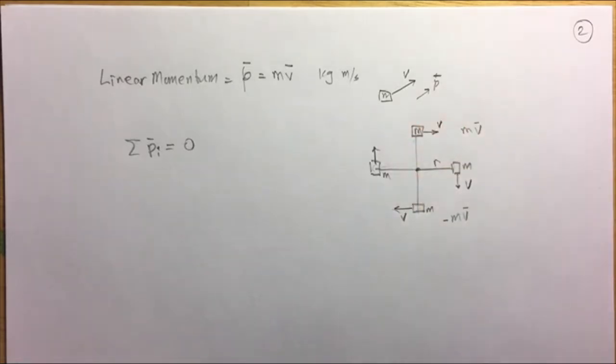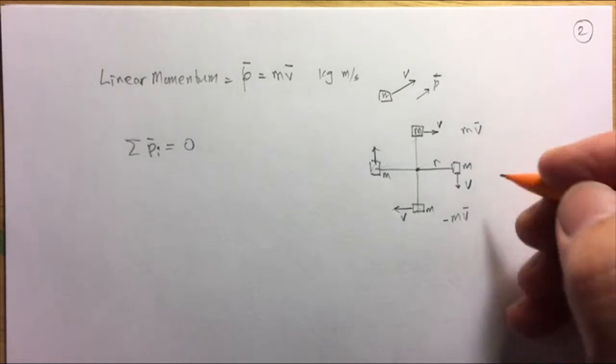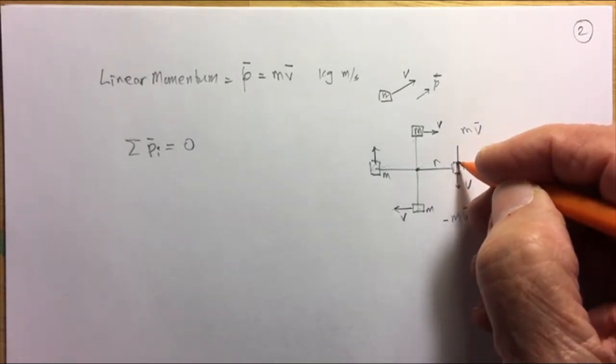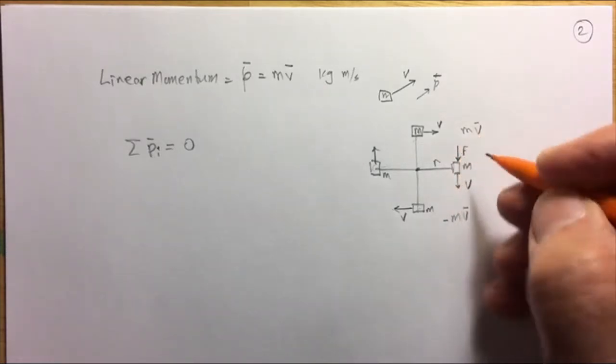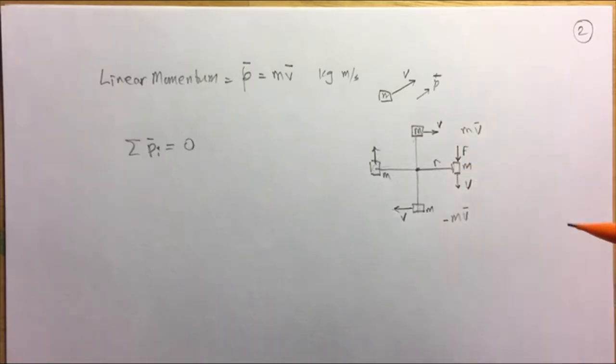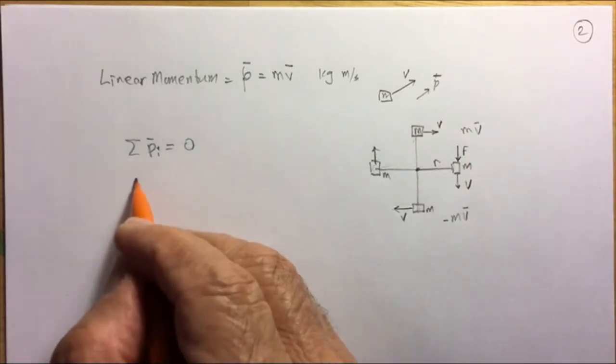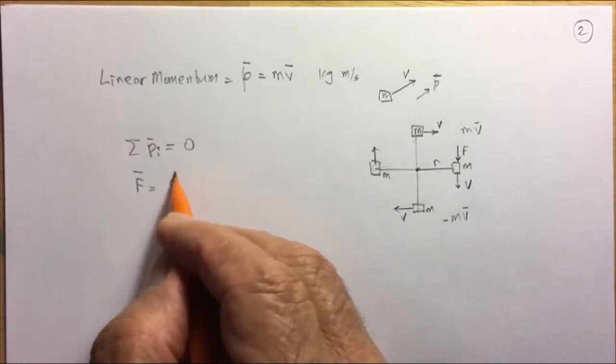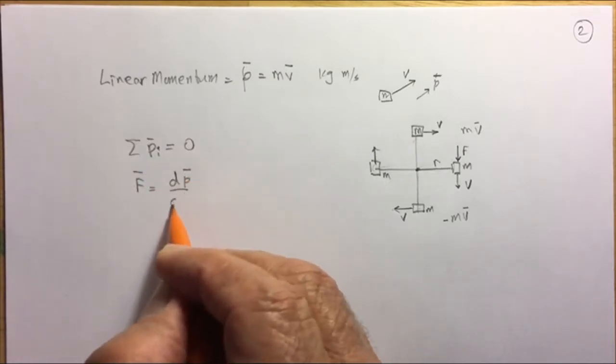Now let's say this is spinning, or it's initially stationary, and we apply a force. That force will cause it to start moving and create a linear momentum. And we know that the force is the rate of change of linear momentum.